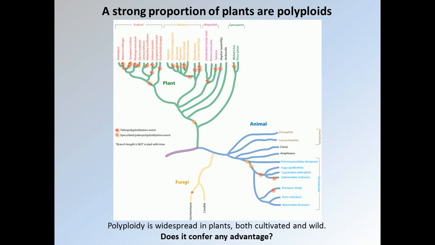And another point is, okay, to be resistant to it is one thing, but it still doesn't explain why it's so widespread. That could suggest that this might confer an advantage to be polyploid, both in wild species like here, but also in cultivated crops. And we will explore this question all along this course.